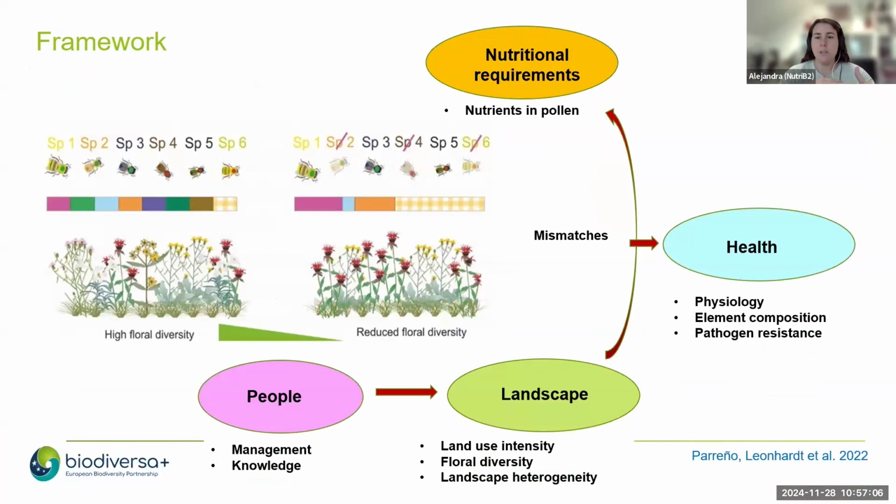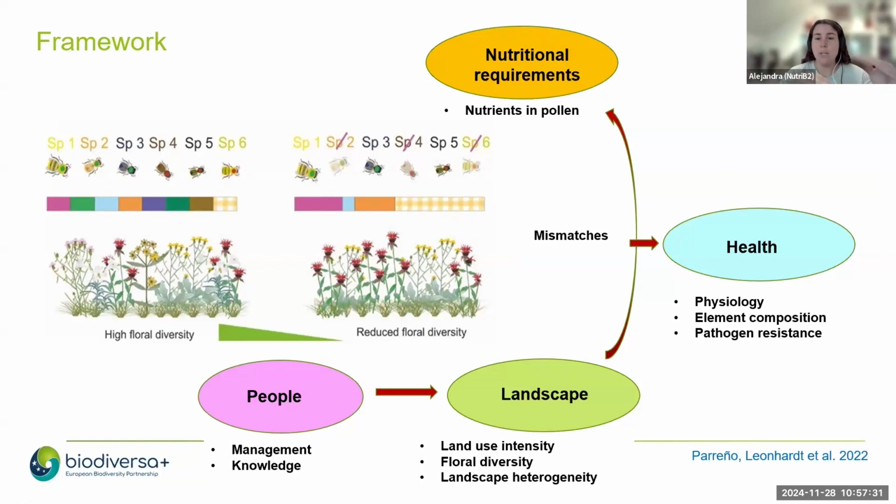We proposed that each bee species would have different nutritional requirements so that they would look for pollen with different nutrient combinations. And that at the same time, when we alter the landscape, for example, through land use intensity or by simplification of the landscape, we are altering the floral diversity and hence the nutrients that are offered to the bees.